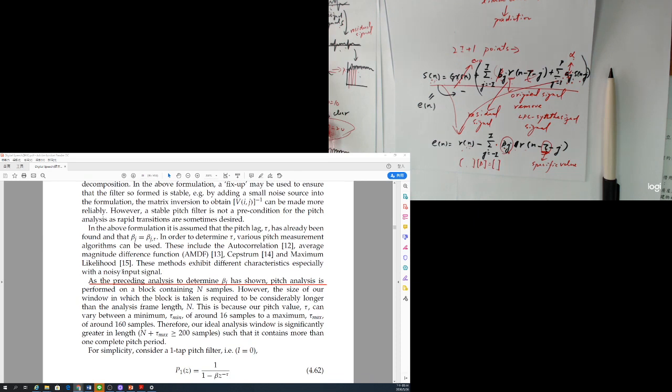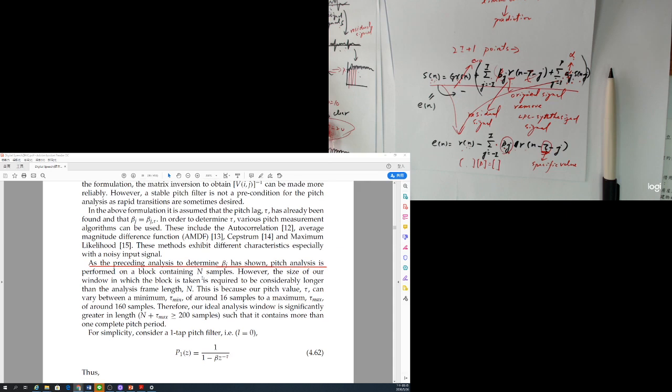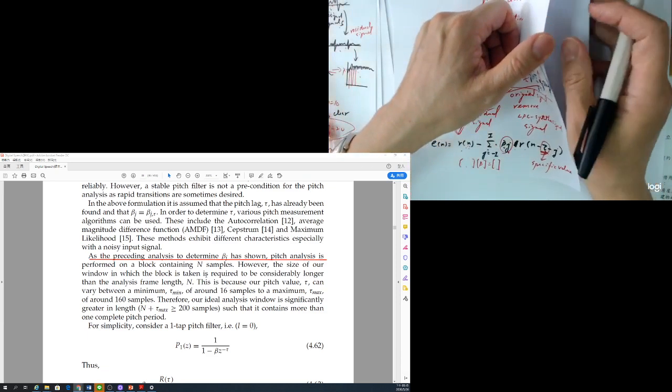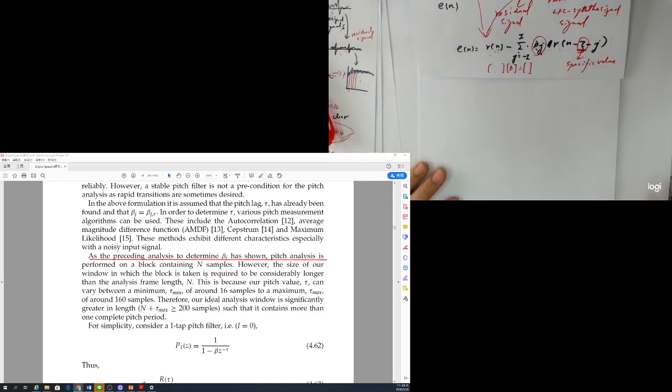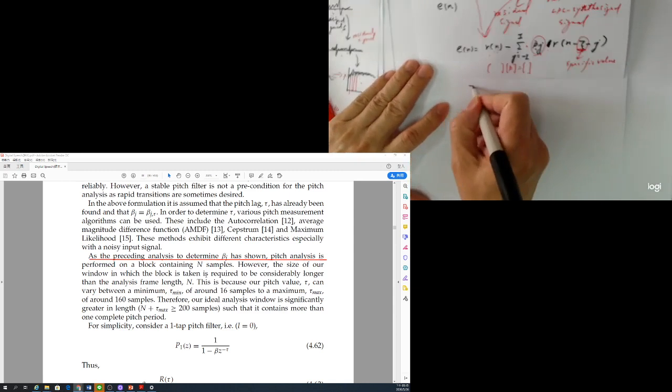Once you have tau, maybe you can solve for beta, or you can do the full search. Another way is that we can do the full search as well, because this tau is related to your pitch.